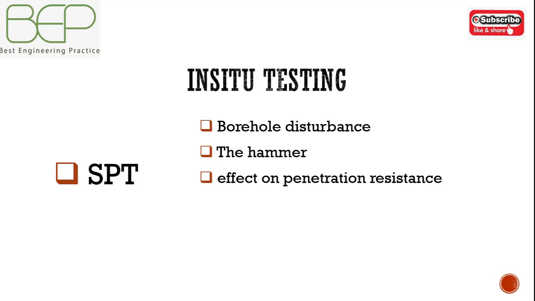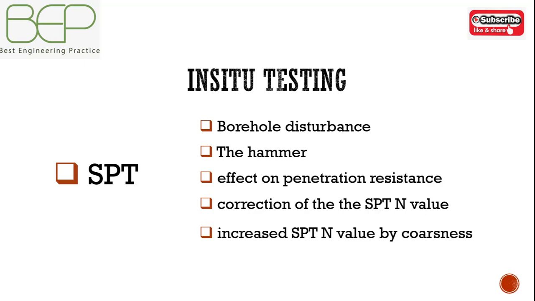The N value corrected for both overburden pressure and hammer energy is denoted N160. Therefore, in clays, the SPT N value obtained in the field must be corrected for energy, whilst in sand and gravel it must be corrected for both energy and vertical effective stress.